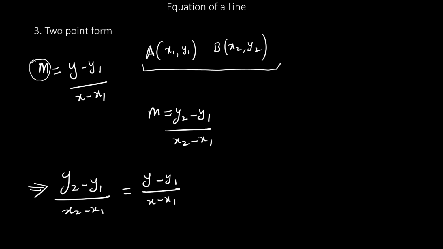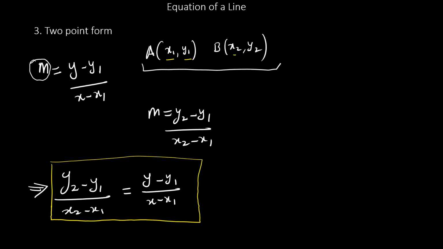And this is the third formula for finding the equation of a straight line. Don't forget, here we are considering the form in which we have two points, point A and point B, with given coordinates x1, y1, x2, y2.